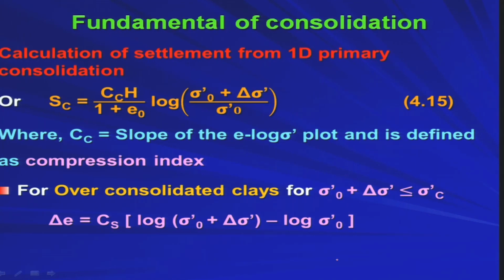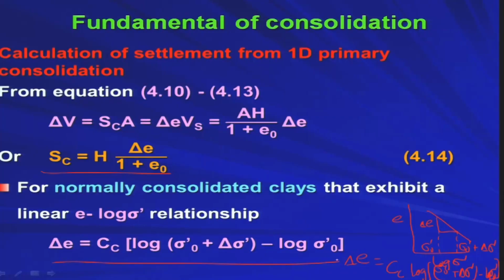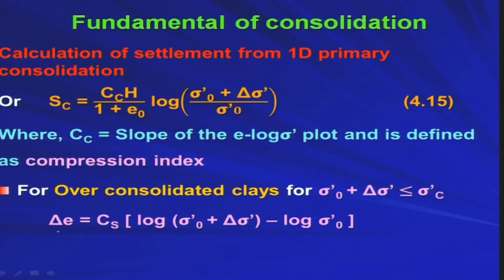Therefore, S C can be written as C C into H by 1 plus e naught. If you go back to the expression S C equals H into delta e by 1 plus e naught, in place of delta e we put this expression, and we get S C equal to C C into H by 1 plus e naught into log of sigma naught prime plus delta sigma prime by sigma naught prime.